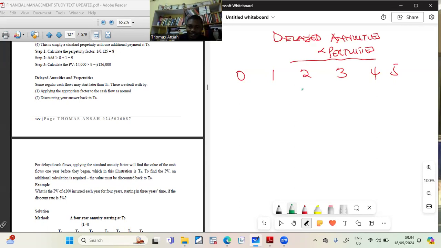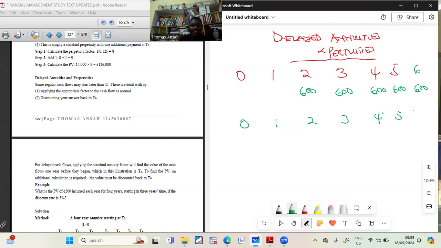It started somewhere here. So if it is delayed into the second year, that is the meaning. It delays 1 year means that for a 5 years annuity, we need to create another one for 6 years. Or you have 0, 1, 2, 3, 4, 5.